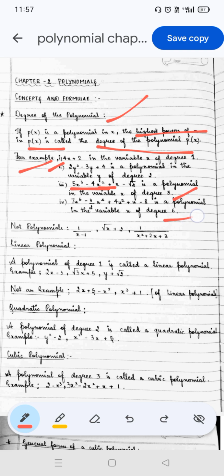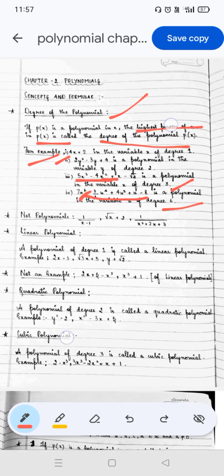The fourth example is 7u power 6 minus 3 by 2 u power 4 plus 4u square plus u minus 8. This is also a polynomial. Here we can see that 6 is the highest power. So hence in this polynomial the degree is 6.